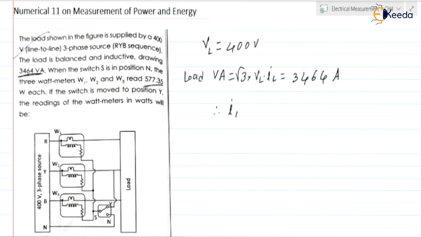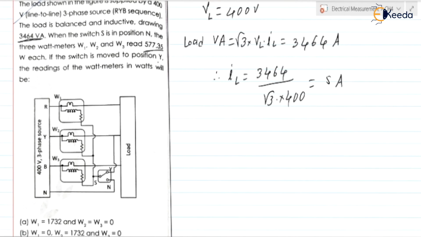Yes, therefore IL is equal to 3464 divided by root 3 into VL. VL is 400, so it is 3464 divided by 400 into root 3. It is 4.999, which means 5 ampere. This is the IL we are having.